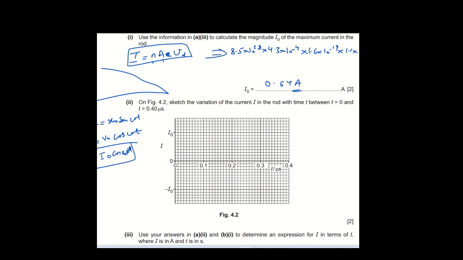And we know that if it is a cosine curve, then at time t equal to 0, the current I will be maximum, because cos omega t is equal to cos 0, and cos 0 is 1. So I will come out to be I naught. So at time t equal to 0, this value will be maximum, I naught. Now we have to draw this graph. So it will be I naught and time period is 0.2.